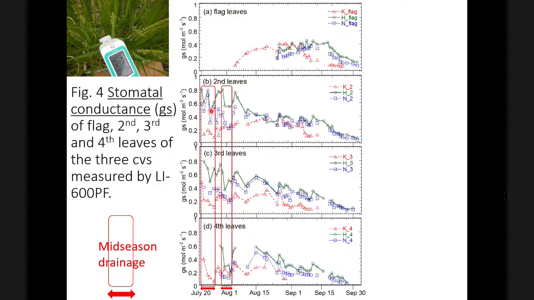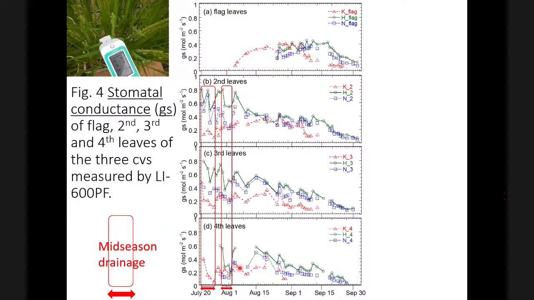Very roughly speaking, during the drainage conditions, as I showed before, soil water content decreased. Due to the drying process, stomata conductance also decreased to some degree, like this.